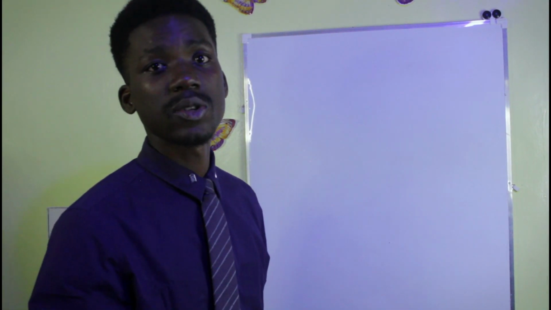Out of these 8 questions, you have to choose 5, which entails 50 marks. Each question has 10 marks, and so 5 questions is equivalent to 50 marks. So we are going to begin.